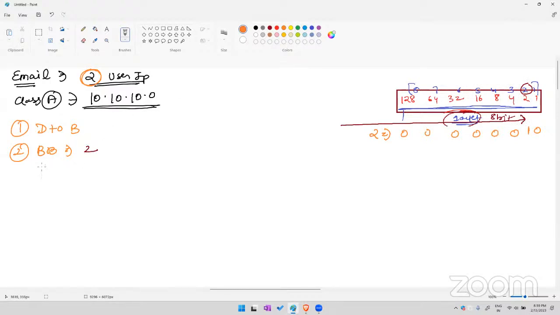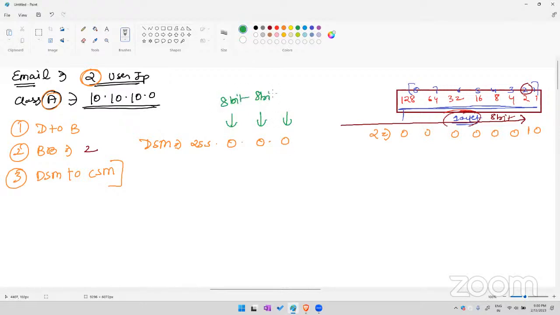Now the third task, DSM to CSM. For class A, we need to write down the DSM first: 255.0.0.0. How many octets are free? 1, 2, 3. Each octet has 8 bits. So how to represent it? Multiple 0s.